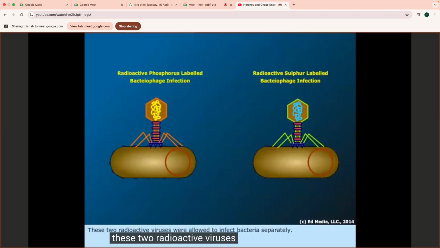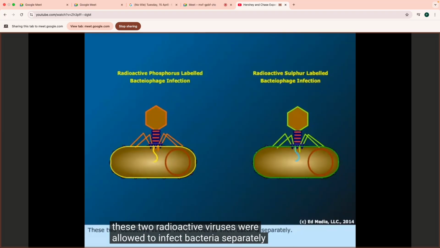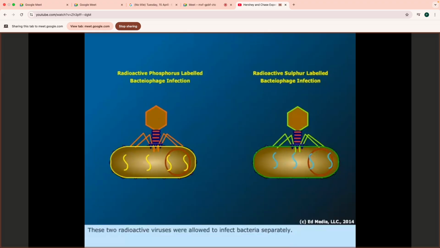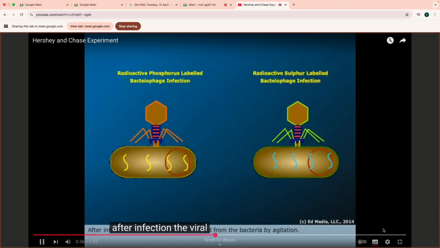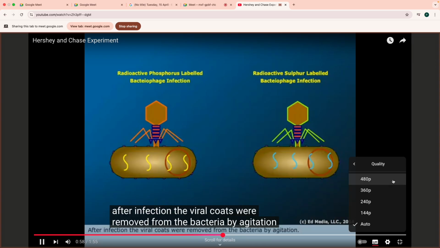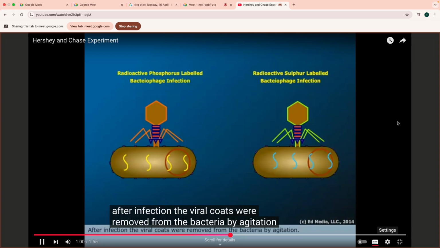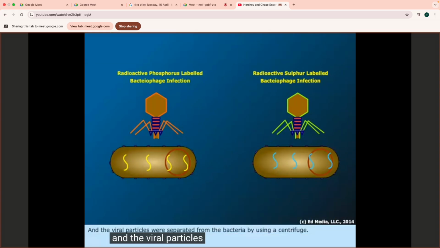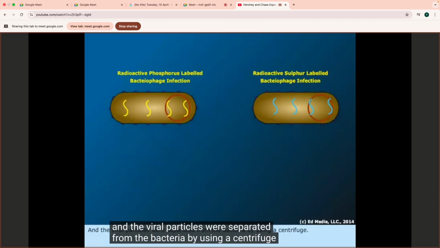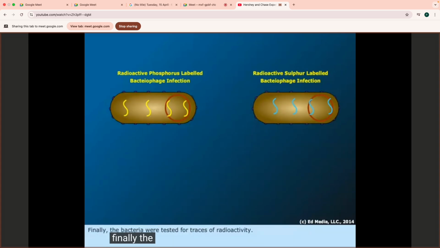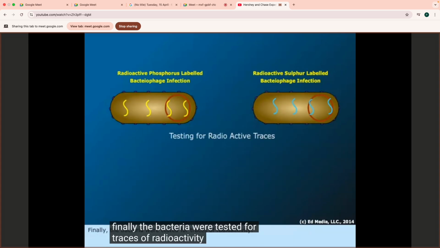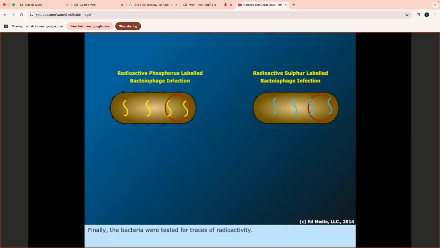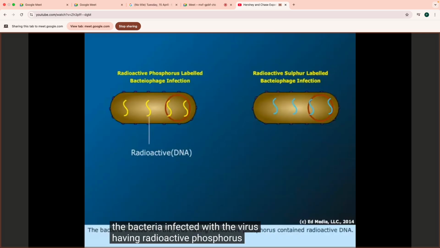These two radioactive viruses were allowed to infect bacteria separately. After infection, the viral coats were removed from the bacteria by agitation. And the viral particles were separated from the bacteria by using a centrifuge. Finally, the bacteria were tested for traces of radioactivity. The bacteria infected with the virus having radioactive phosphorus contained radioactive DNA.